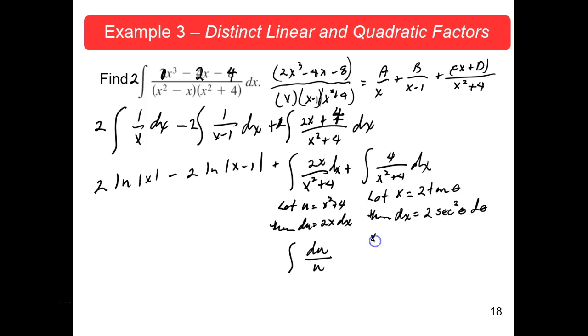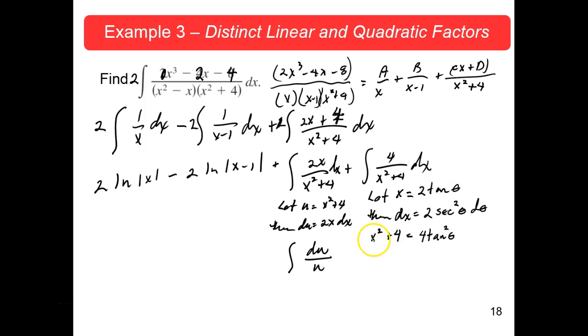Then also x squared. Let's go on and do the plus 4 at the same time. If x is 2 tangent theta, x squared is, square 2 and you get 4, square tangent you get tangent squared theta.